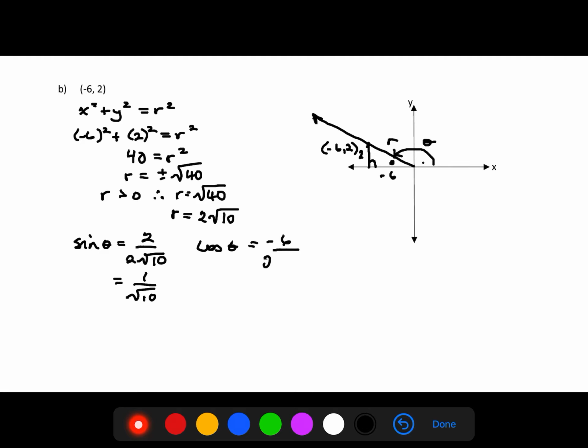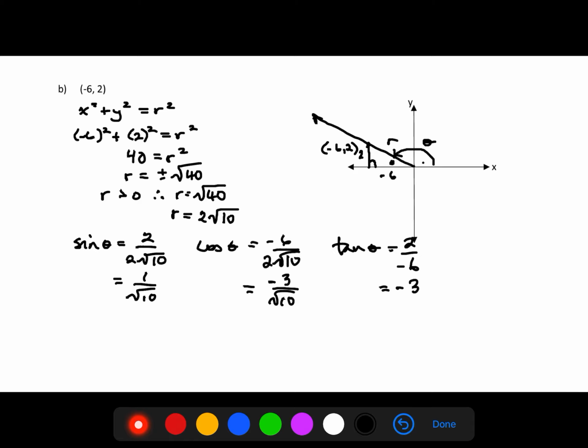Cos theta is equal to negative 6 over 2 root 10. Simplifying, we get negative 3 over root 10. And tan theta is equal to 2 over negative 6, which simplifies to negative 1 over 3. And again, we have those exact values for our ratios.